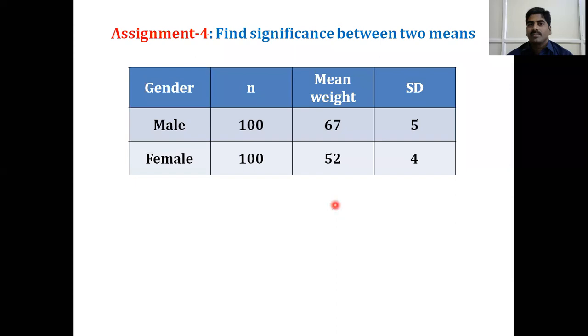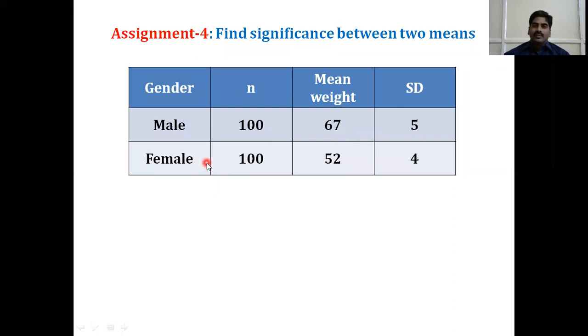Next, this is the assignment. Find significance between two means. These are the mean values. Mean weight of males, sample size 100, is equal to 67 with a standard deviation of 5.